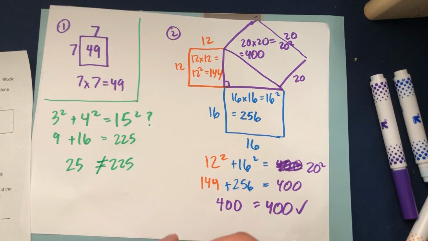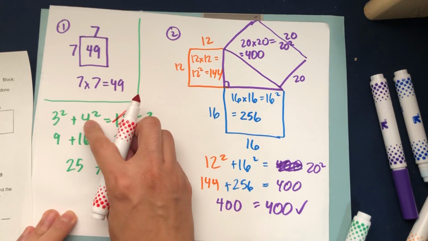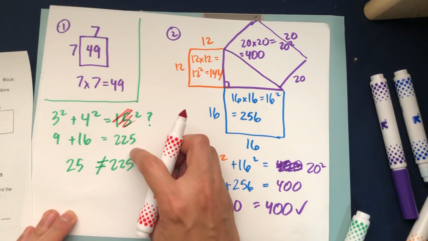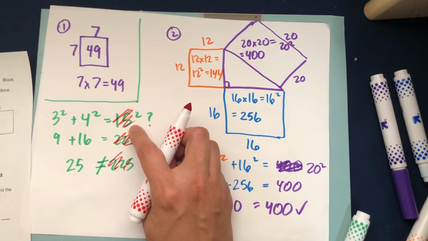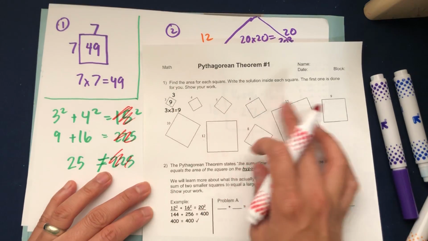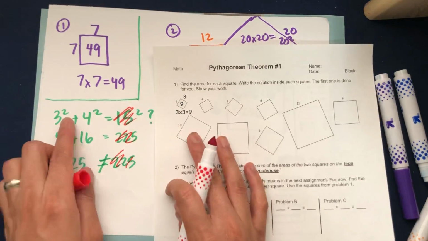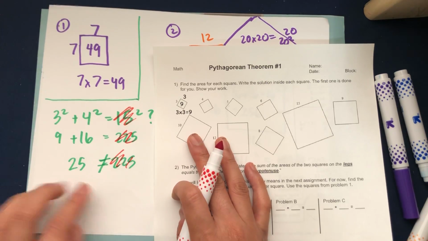So that means we know this last answer of 15 squared cannot be it. It doesn't work. 3 squared plus 4 squared does not equal 225. So we can't use the number 15 as our last square. We'll have to pick another one of these squares to figure out what 3 squared plus 4 squared equals. Remember, 3 squared plus 4 squared is 25.